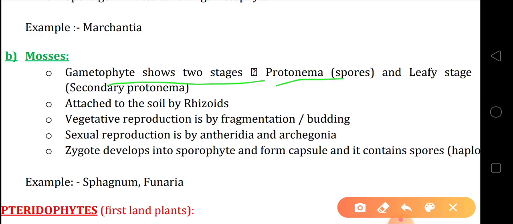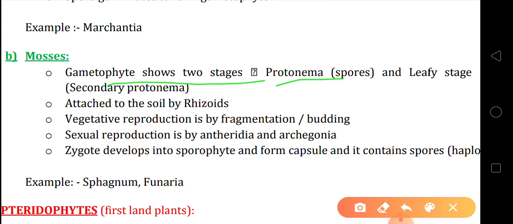I repeat once again. The gametophyte has two stages. Number 1, protonema, that is from spores, and number 2, secondary protonema, this is the leafy stage.